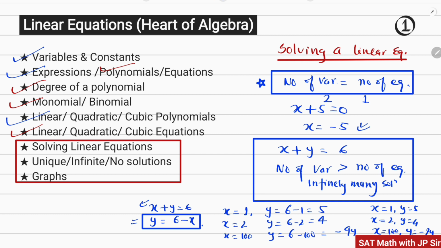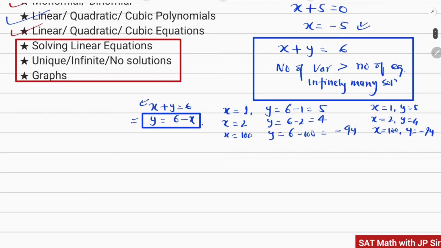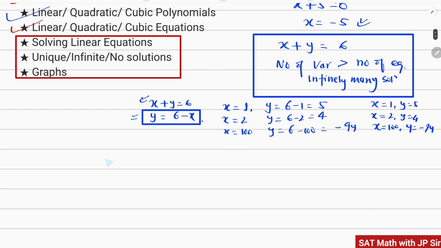Understand this concept. In order to have a unique solution in two variables, we need two distinct equations, two different equations. What do I mean by different equations here? Here we have x plus y equals to 6 and x minus y equals to 2.